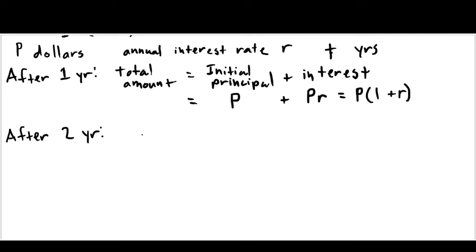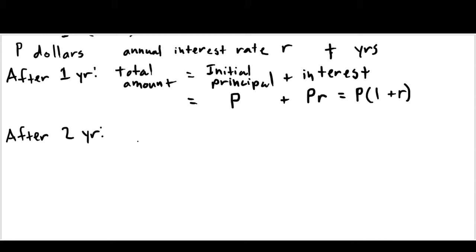We get to 1 year, and the simple interest is computed on the original principal and then added back in. After 2 years, the simple interest is computed again, but this time the principal that it's computed off of is a larger amount, because it's based off of not just the original principal, but the interest that was computed after the first year. So this is where it gets a little bit algebraically messy.